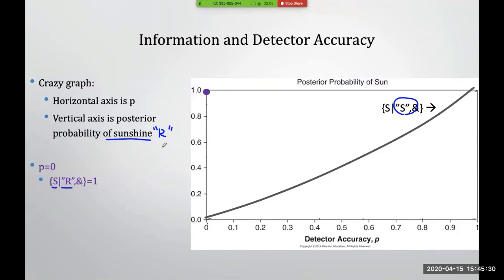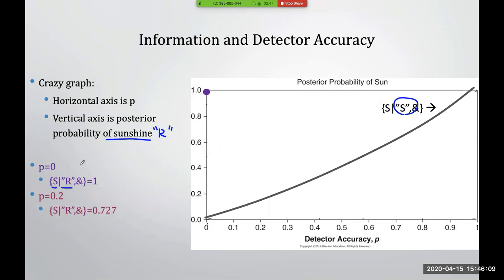It is sometimes very useful to look at this probability too, just like what I illustrated over here. When the accuracy is 100% opposite to the weather, of course you can infer the weather from that detector. And when p is equal to 0.2, which means when it is going to be a sunny day, the rain detector will predict it's a sunny day with 20% of the chance, and the rain detector will predict it's a rainy day with 80% of the chance.